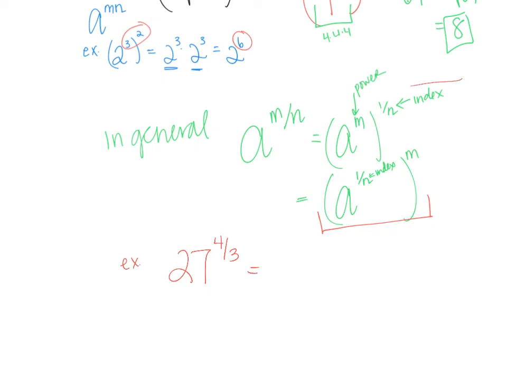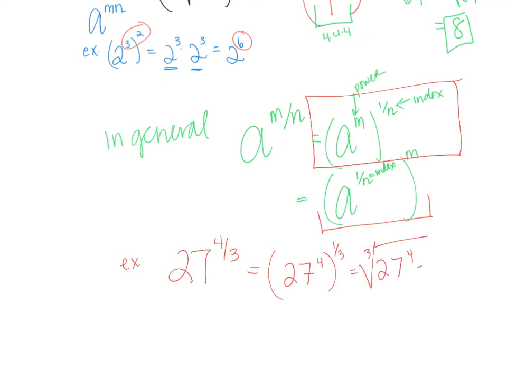If I use this first definition, it would say we'll take 27 to the 4th power, then take that to the 1/3. So in other words, 27 to the 4th power, then do the cube root. Well, 27 to the 4th power, you can punch into your calculator, it'll be the 3rd root of 531,441, and the 3rd root of that ends up being, I'll save you some time, 81.